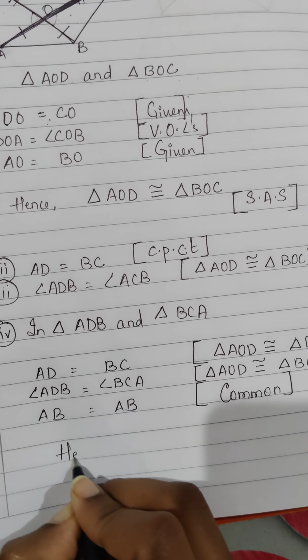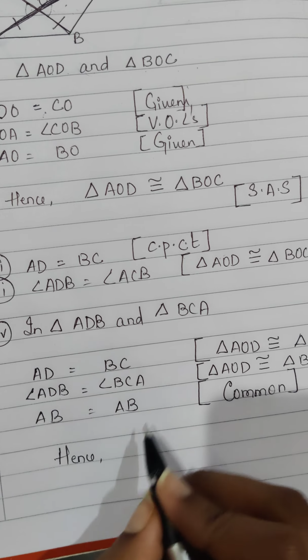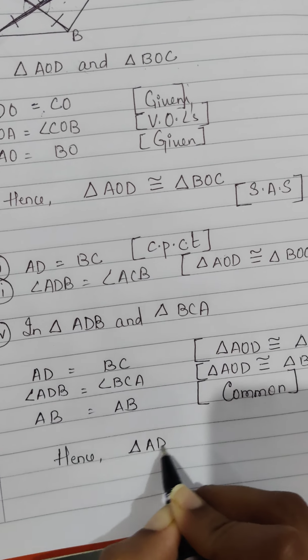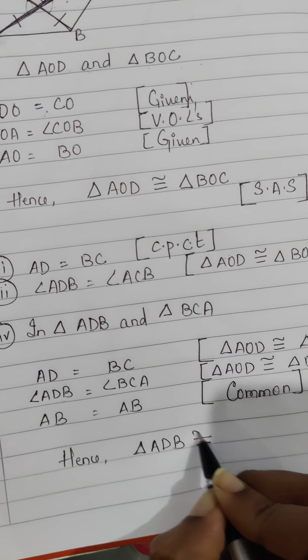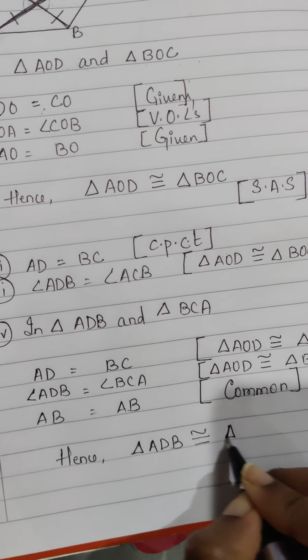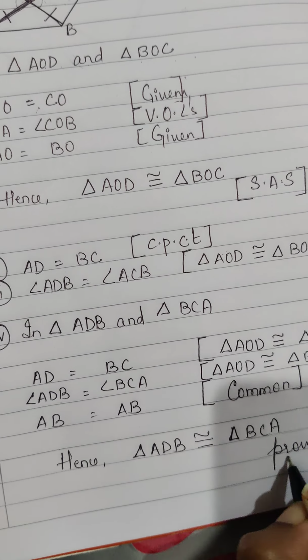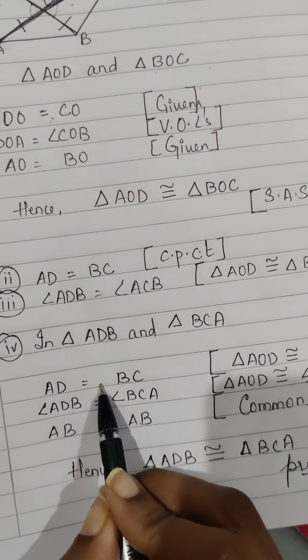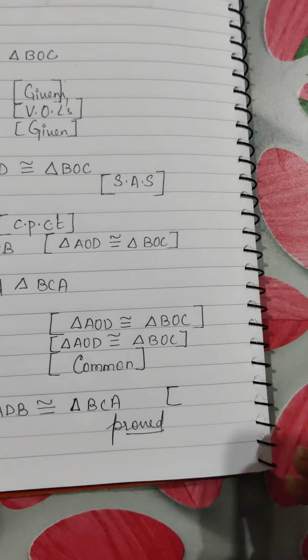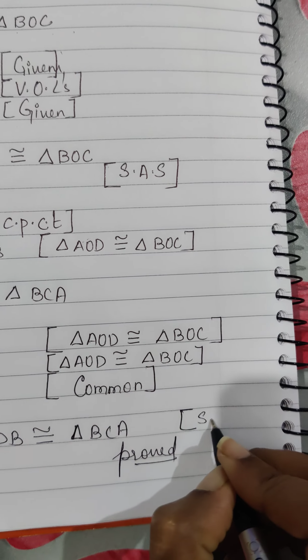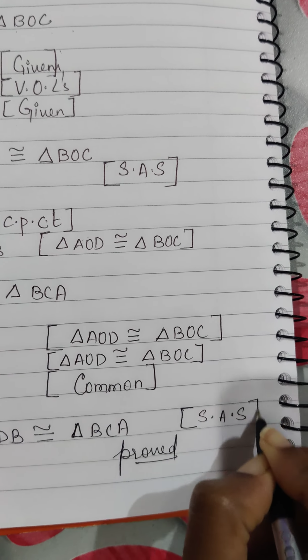Hence, again what we can write, that triangle ADB is congruent to triangle BCA. Proved. By which property? Side, angle, side. So we will write here side, angle, side.